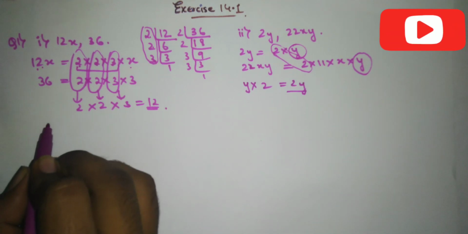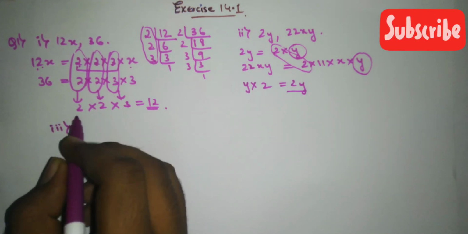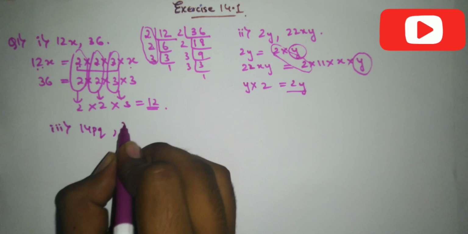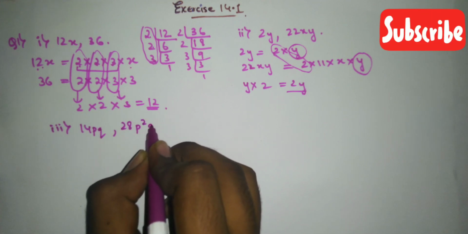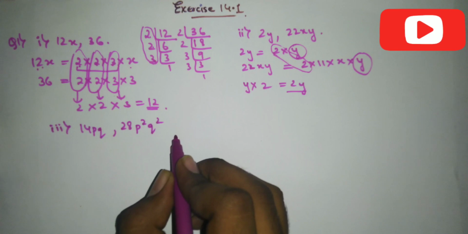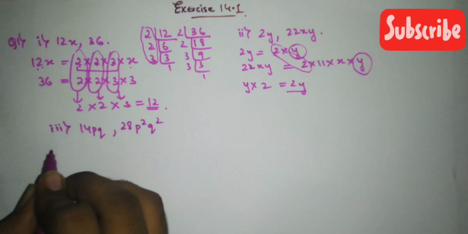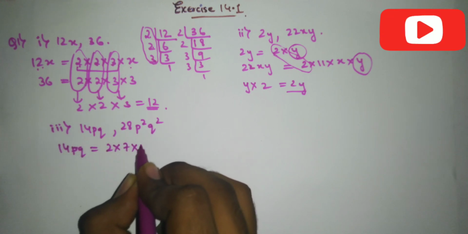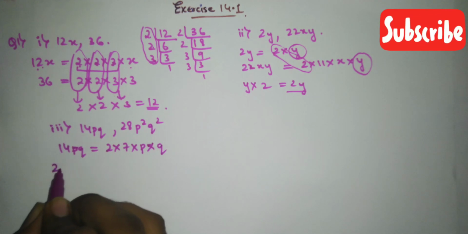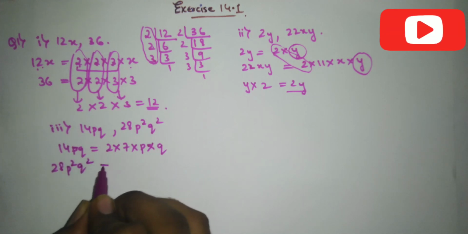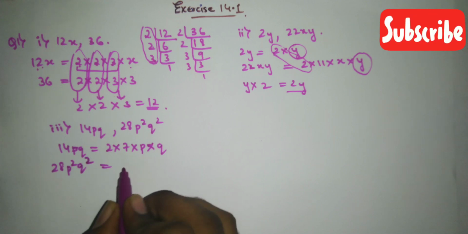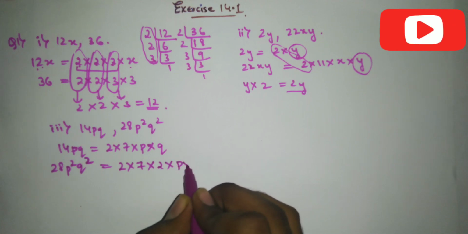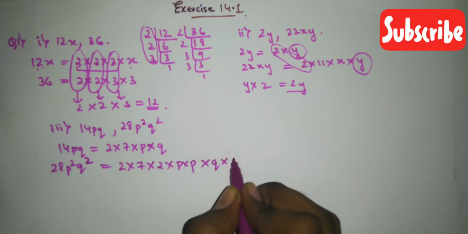Now proceeding to the third one: 14pq comma 28p square q square. 14pq I can write as 2 into 7 into p into q, and 28p square q square as 2 into 7 into 2 into p into p into q into q.